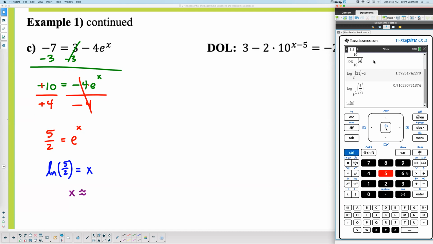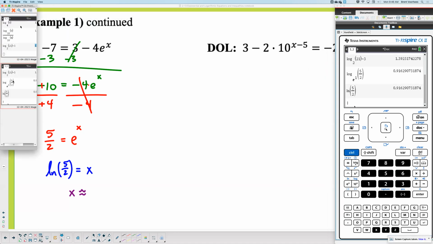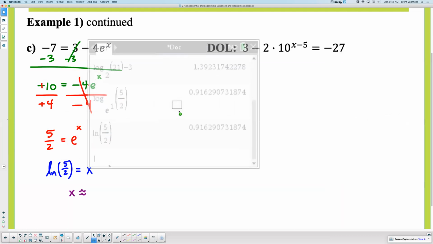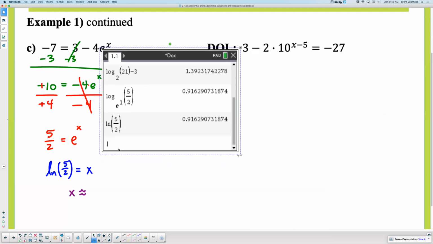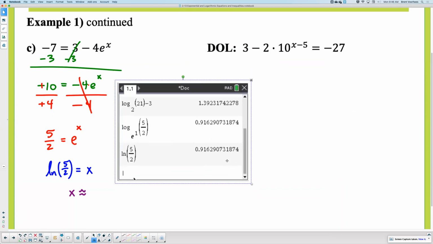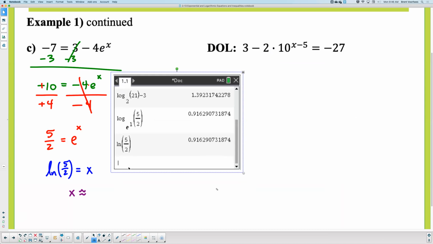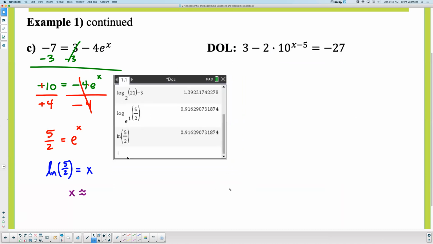Natural log of 5 halves. And what will we say our answer is this time? 0.9. 0.916. All right, 0.916.